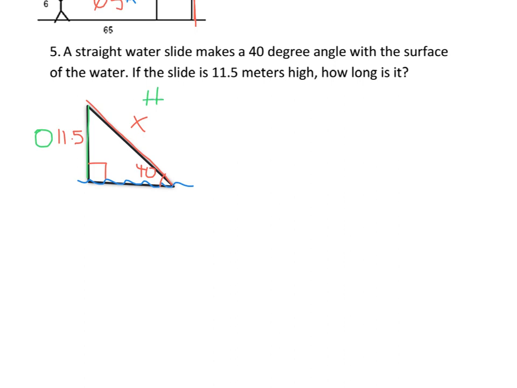That's the hypotenuse, and that's what we're trying to solve, so you're definitely going to want to use that side. Left over is adjacent. There's no information there, so we don't want to use that. So for this one, you're going to want to use whichever of SOH, CAH, or TOA uses O and H. And then once you finish solving, you should have the length of the water slide, no problem.